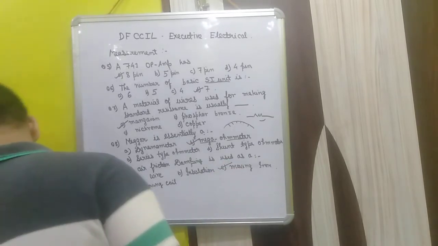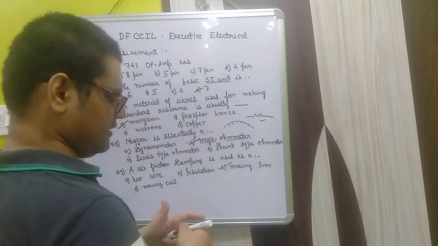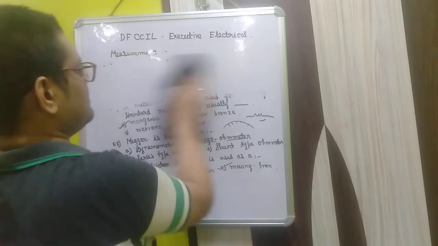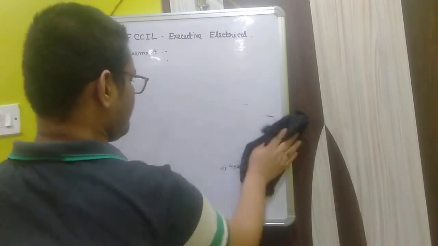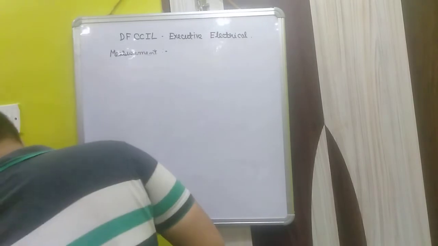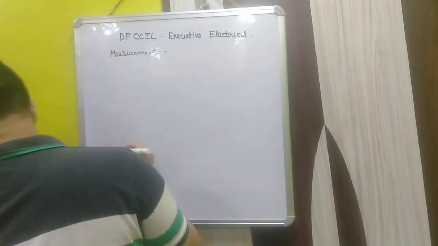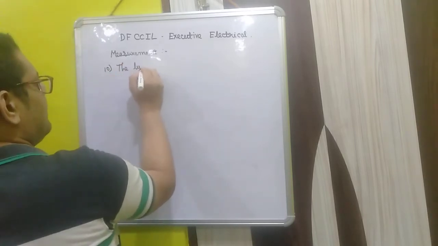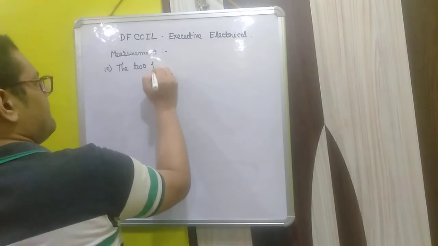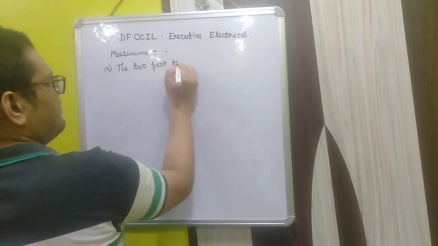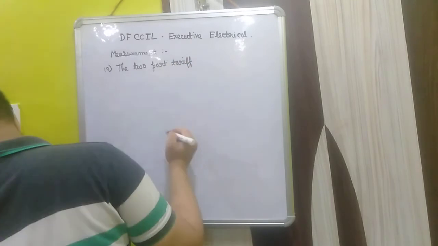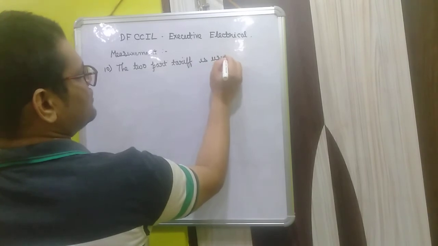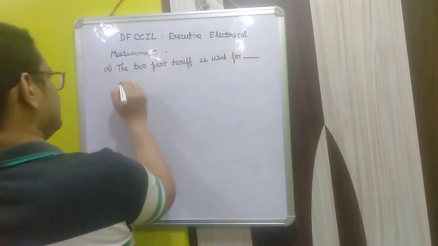This is also totally theoretical. Now I go to question number 10. That is also a theoretical question. In question number 10, the two-part tariff is used for. There are four options given.